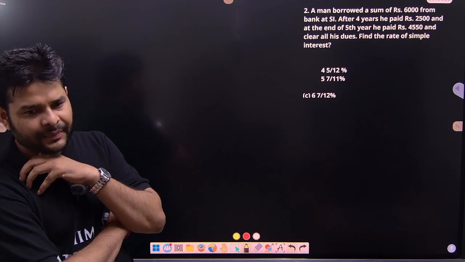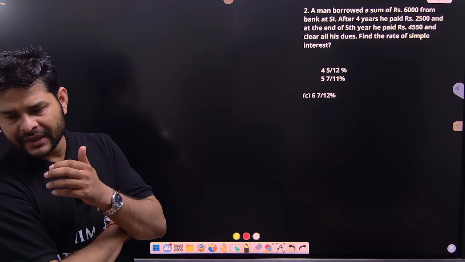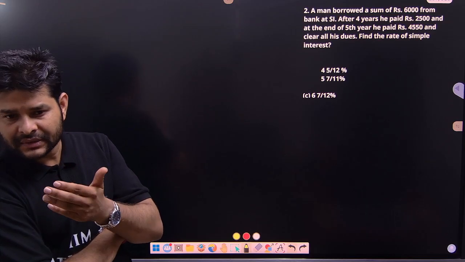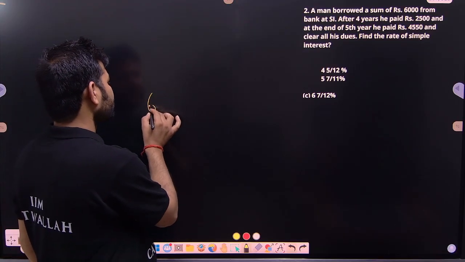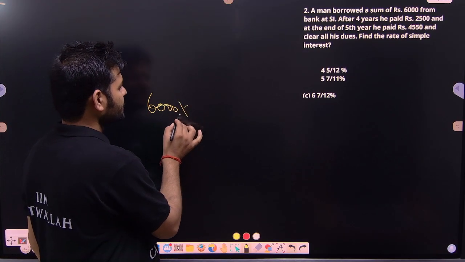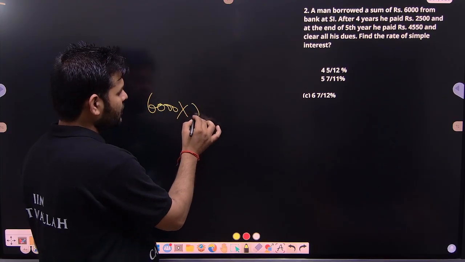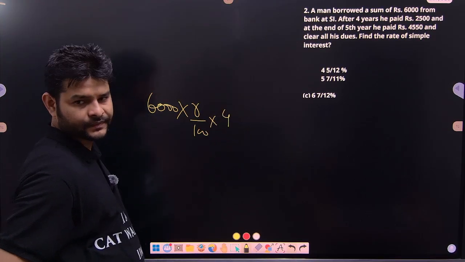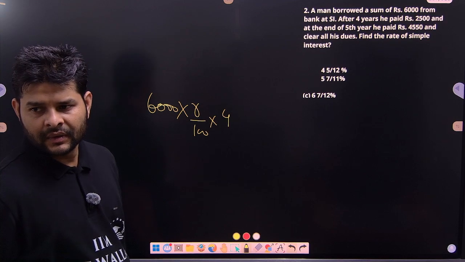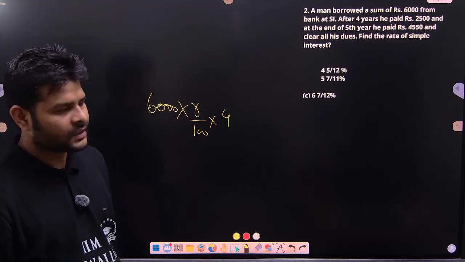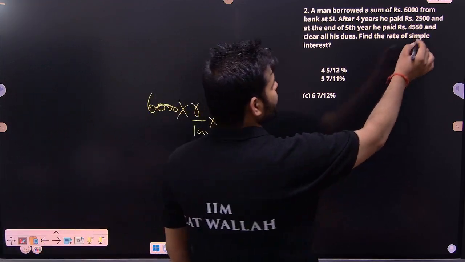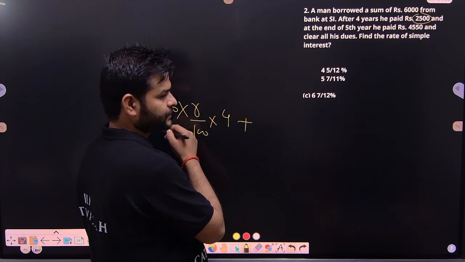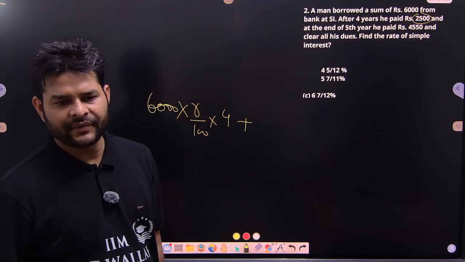After 4 years, on 6,000 the bank will calculate the simple interest for 4 years with the rate of interest R. Then he goes to the bank and deposits 2,500. So the rest value would be 3,500.